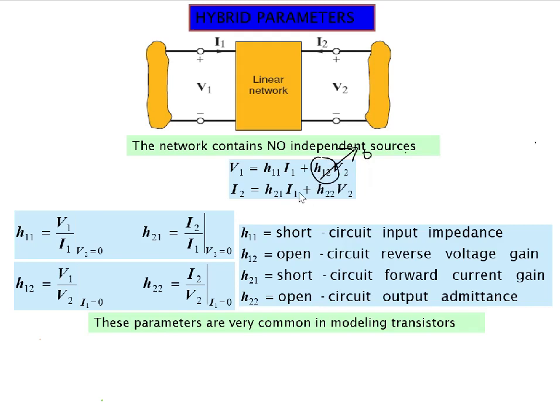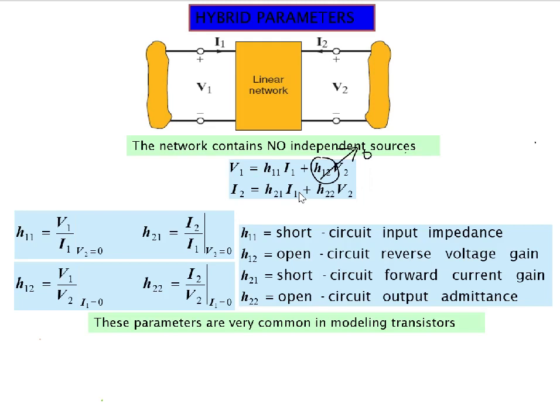H12 is the physical parameter value of these resistances and impedances, so we cannot change H12. If H12 were 0, that would mean the circuit either does not exist or is a short circuit.